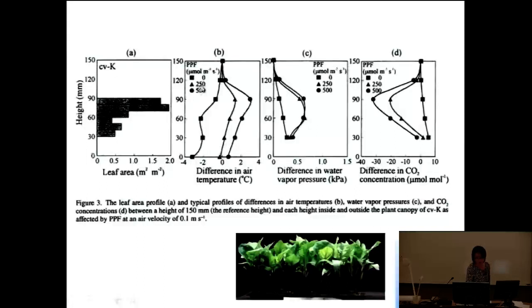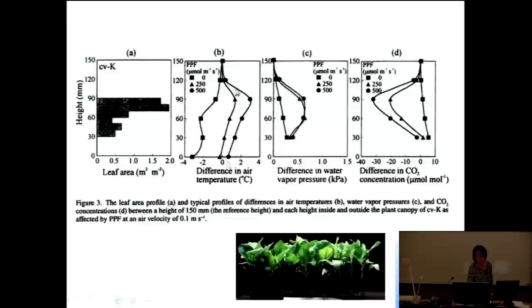But he had 2 different light intensities, 250 micromoles and 500 micromoles, illuminated by, I think, fluorescent lamps combined with high pressure sodium. As you can see clearly at the higher light intensity, the highest temperature point is at the top of the canopy, where the top leaf layer exists, and then it goes down like that. So you can clearly tell that the light is affecting the temperature distribution.